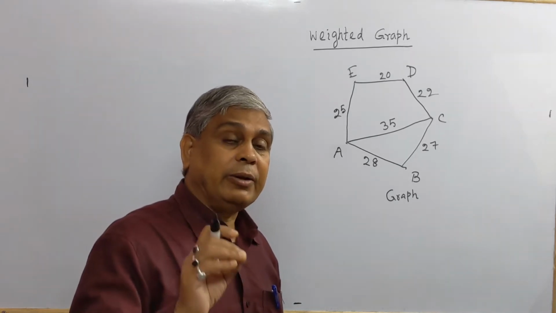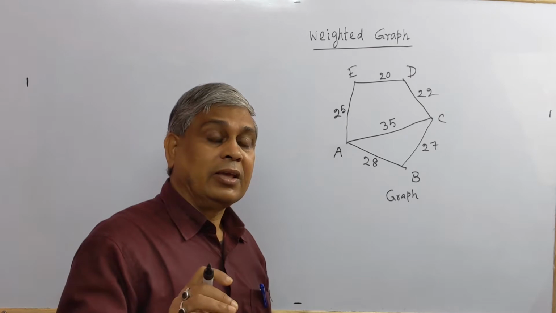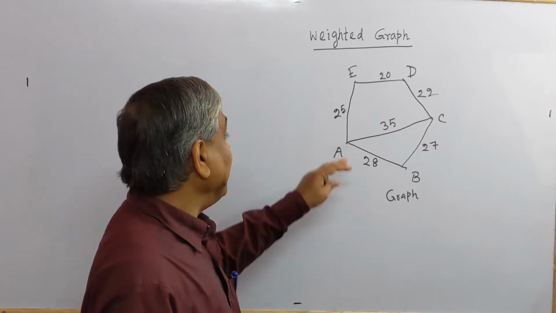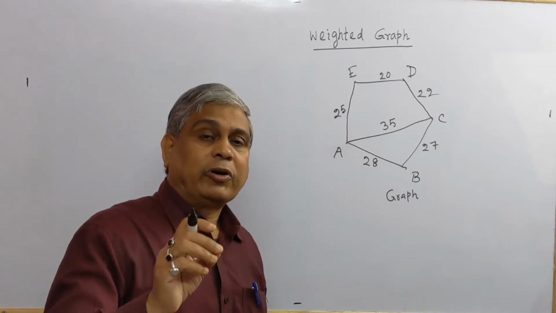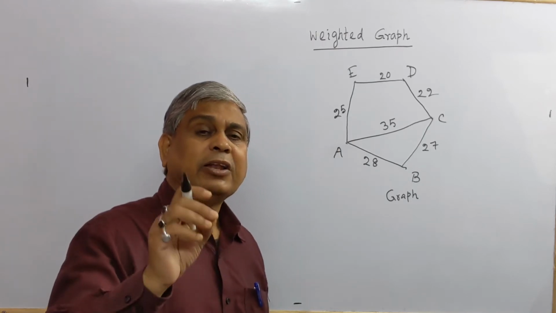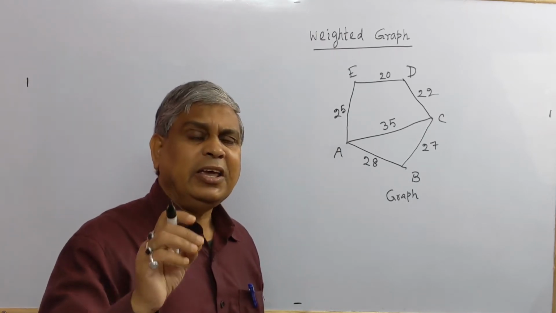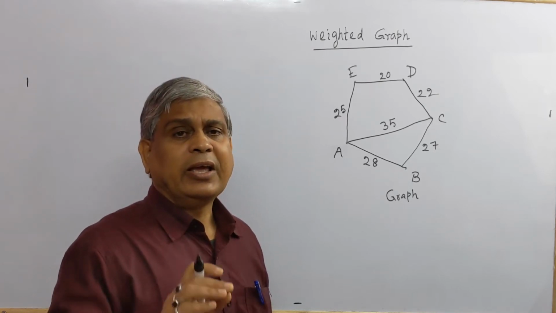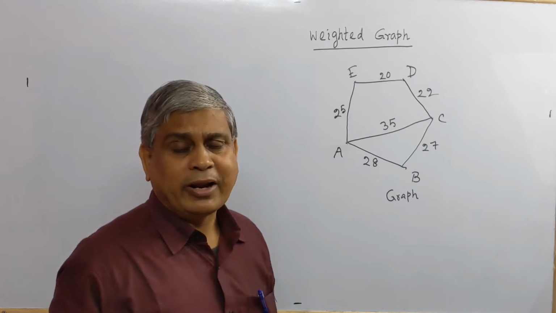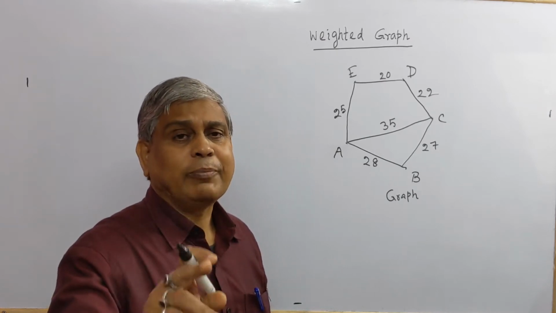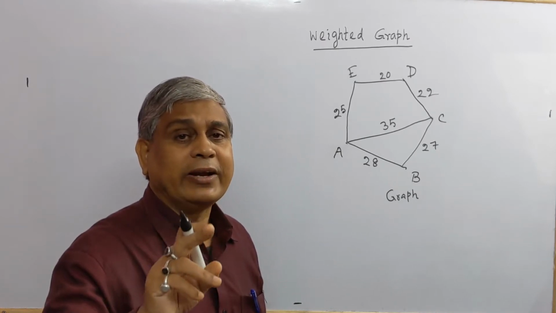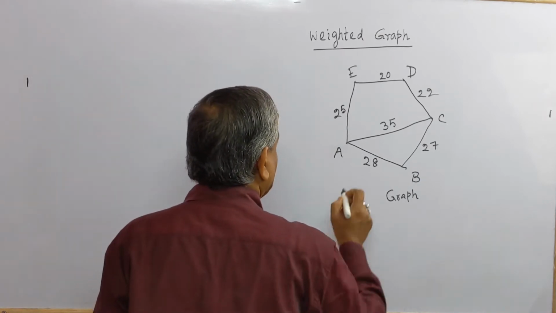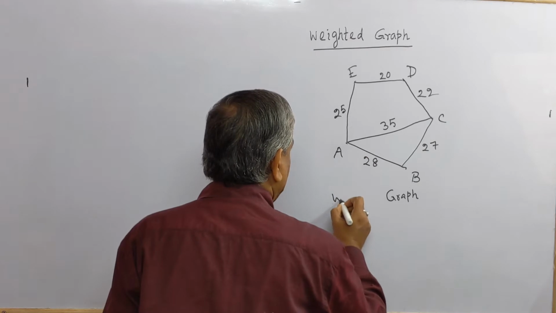Some non-negative real number is assigned to each edge. Therefore, a graph in which each edge is assigned a non-negative real number will be called a weighted graph. Now, this graph is called weighted graph.